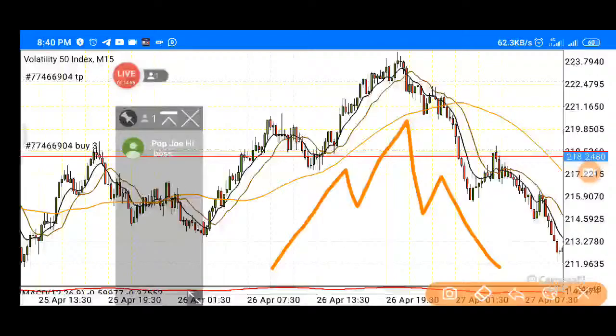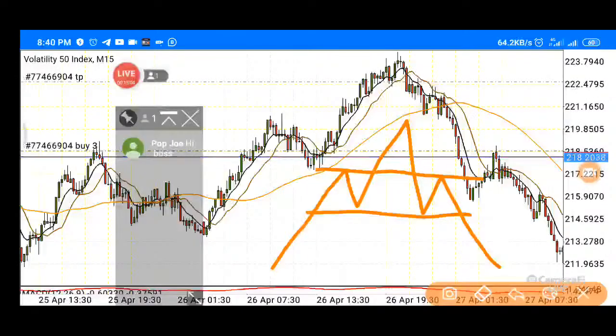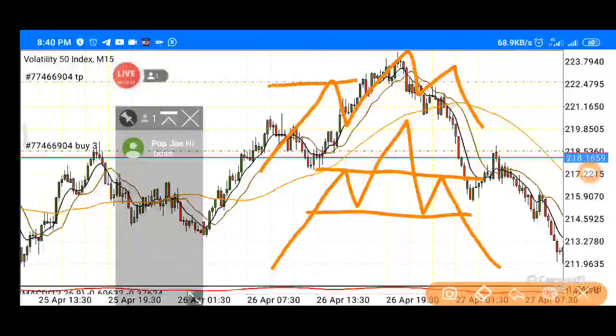The first type is the neckline and the shoulders are on the same level. The second one is this. You can see that the neckline and the shoulders are not on the same level. You will have to join it together with a trend line.